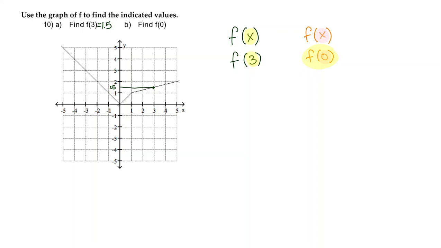The f of 0, which is our y value, just so happens to also be 0 because it crosses through the origin, and the coordinates for the origin are 0, 0. So when you input 0, you output 0 as well.